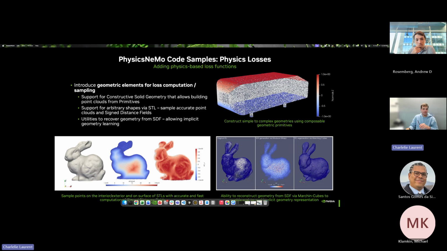A signed distance function is a complete representation of the geometry, an implicit representation by a continuous function. You can see that as a level set representation, where the level 0 is the surface of the geometry.